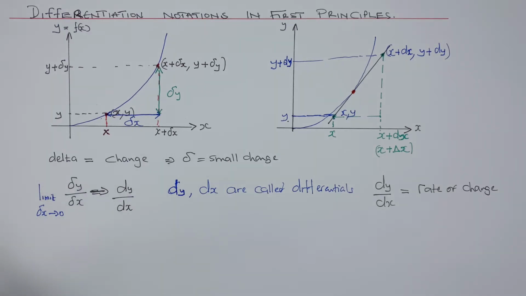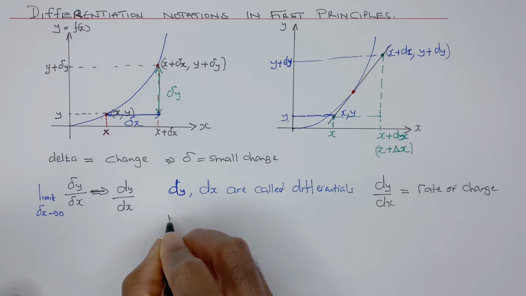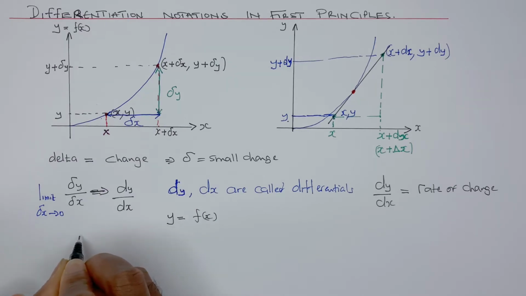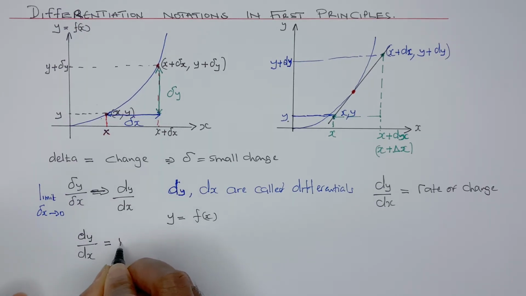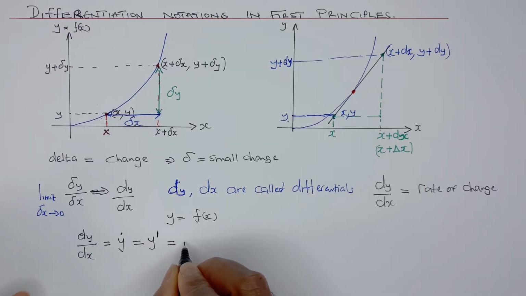So the notations that are really important here are, whenever we have y as a function of x, we can say that dy over dx can be written as y dot, same thing, or you might see y dash, that's a dash, or the superscript, or you might see f dash x, all mean the same thing.